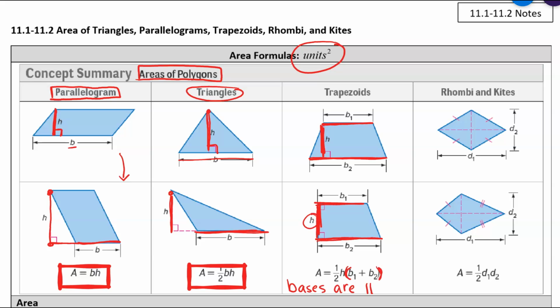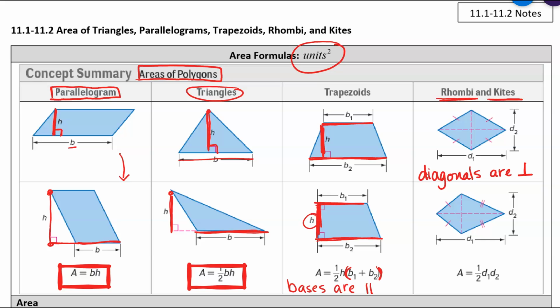Okay? Now, the ones that you're probably not as familiar with would be the rhombi and the kites. This is some background knowledge you need to know from quadrilaterals, and that is that the diagonals are perpendicular.